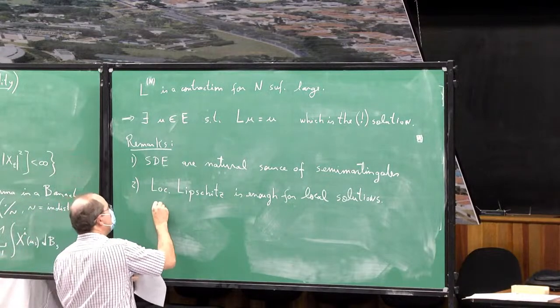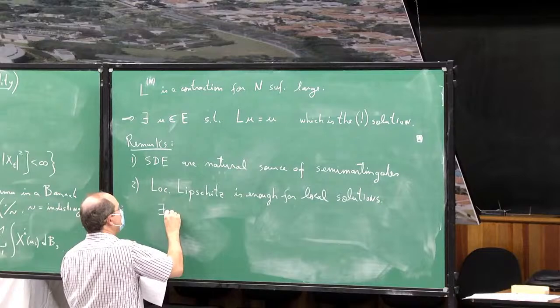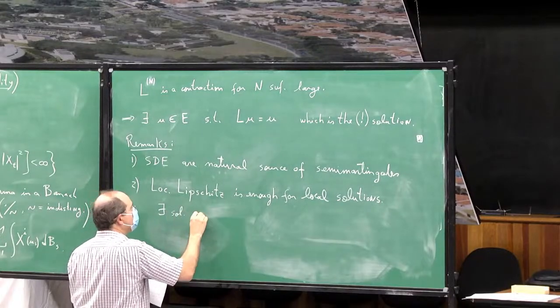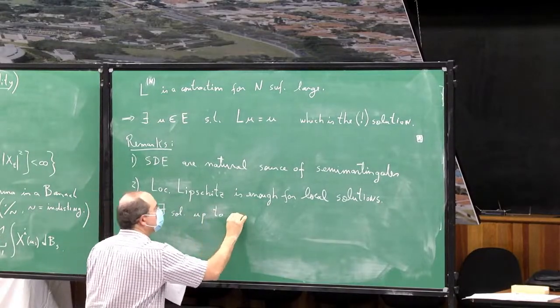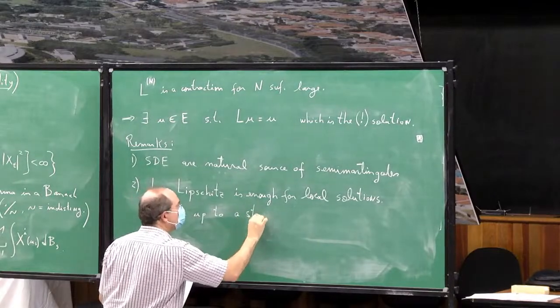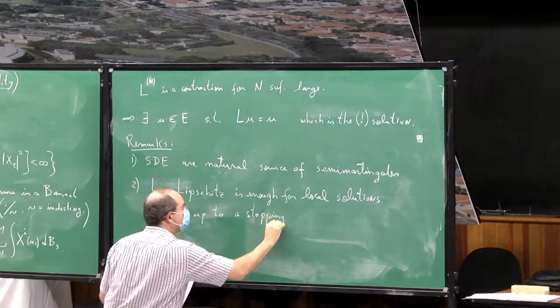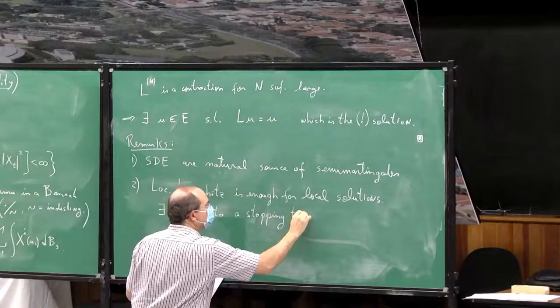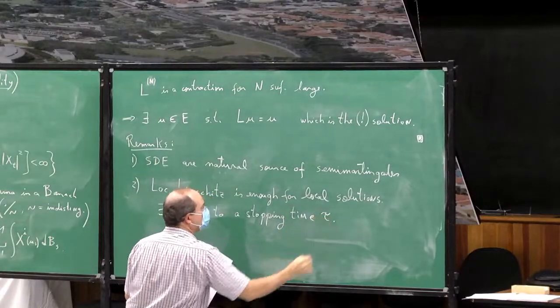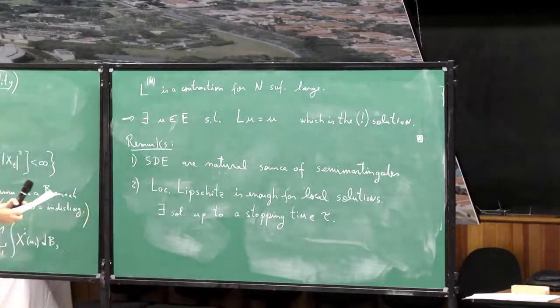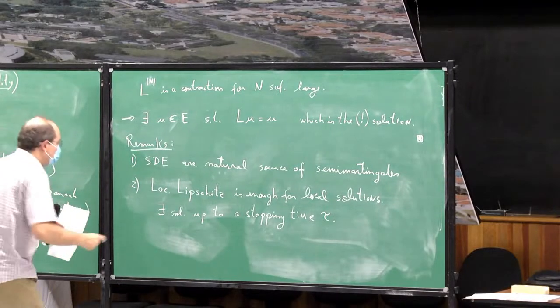So it means there exists a solution up to a stopping time, say tau. And I give you an example. Quite simple.